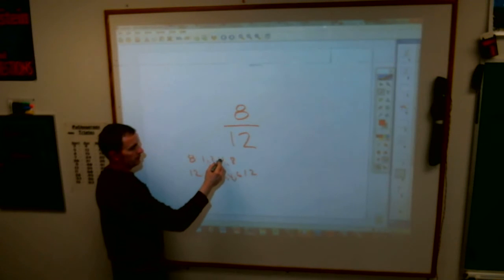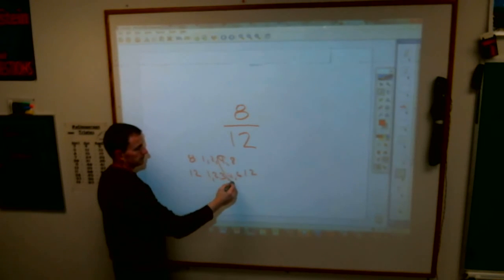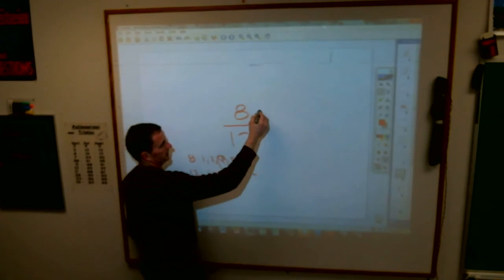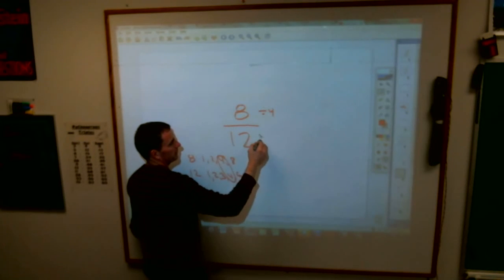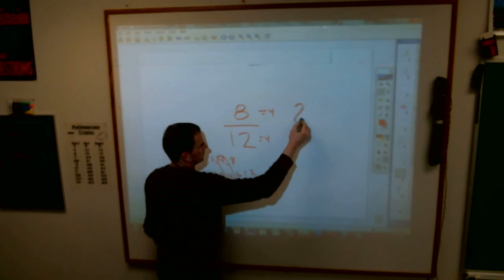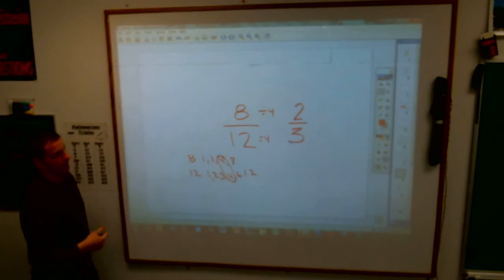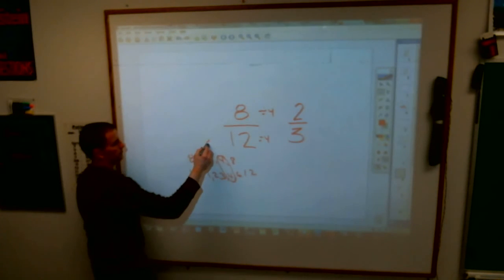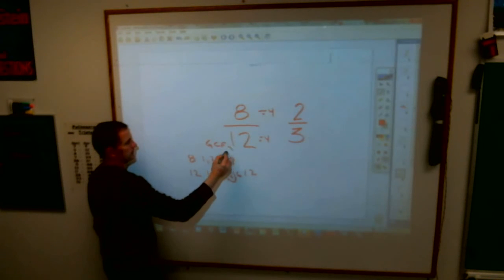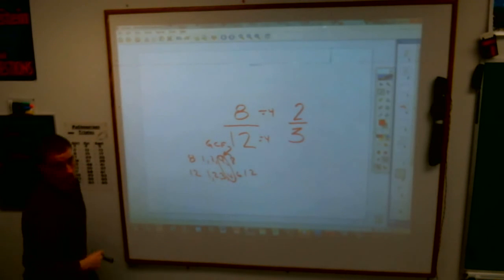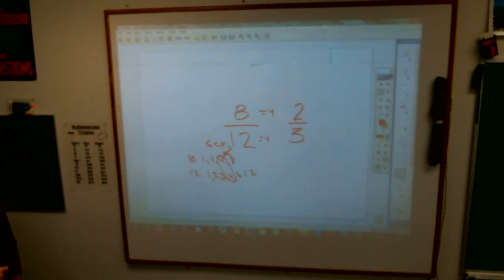What is the greatest common factor? Biggest one they have in common again is 4, so you want to divide both top and bottom by 4. So you end up with 2/3. It is just very much more helpful for you when you reduce those things.